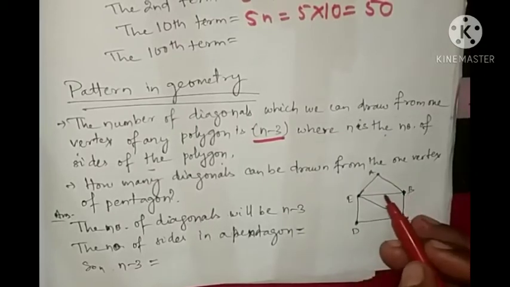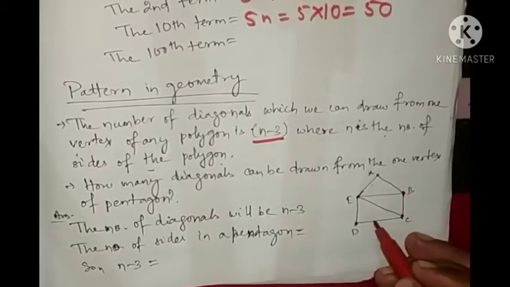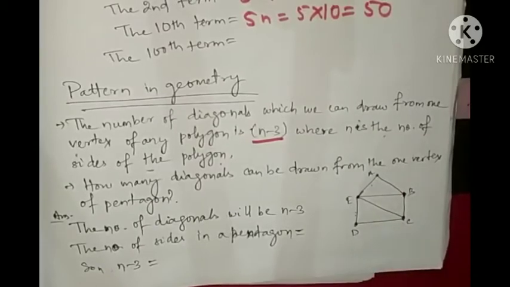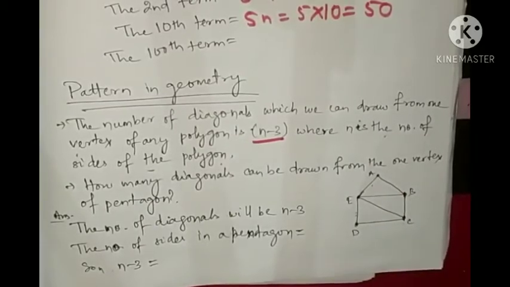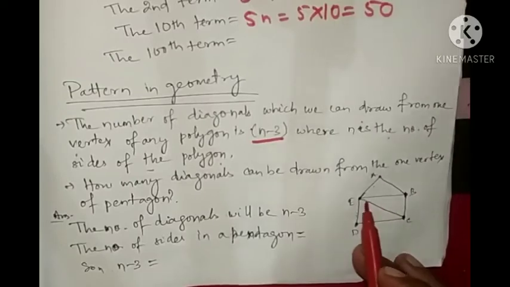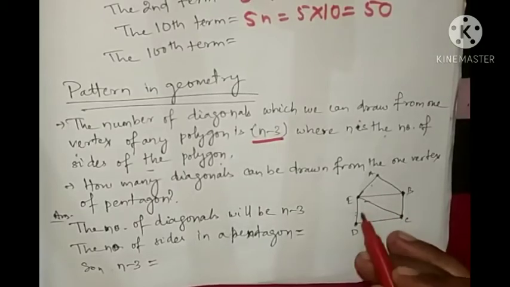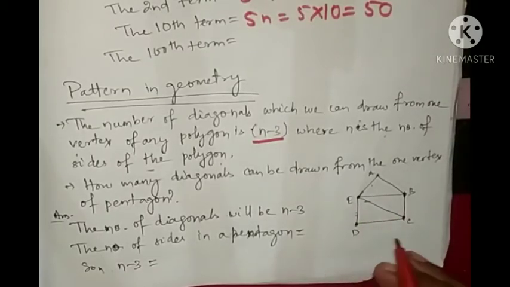How many sides are there? 1, 2, 3, 4, 5. So 5 sides are there. Let's see how many diagonals we can draw from one vertex.